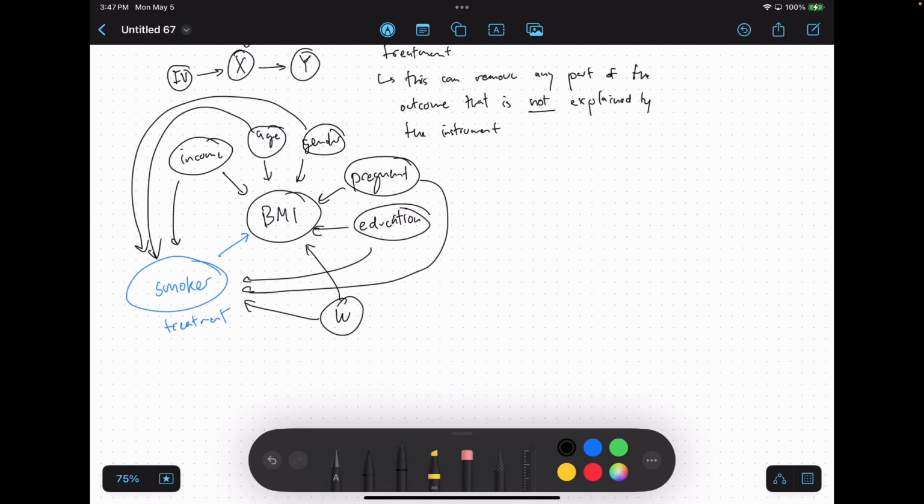So this is the difficulty in the instrumental variable, is how can I find some good variable that will affect only smoker, but you cannot have any of this stuff happening, right? Or this stuff happening. Okay, so if the instrumental variable affects other things on a path that goes to BMI, then it doesn't work.